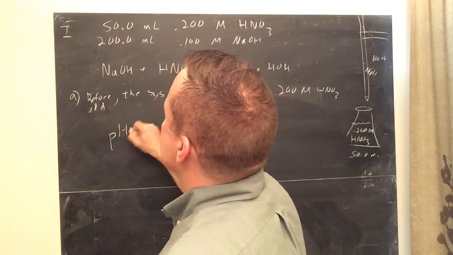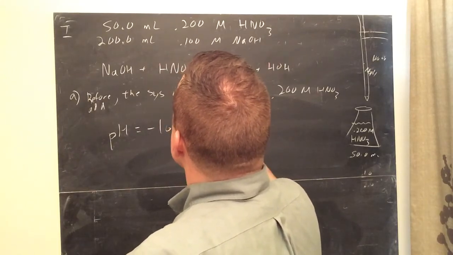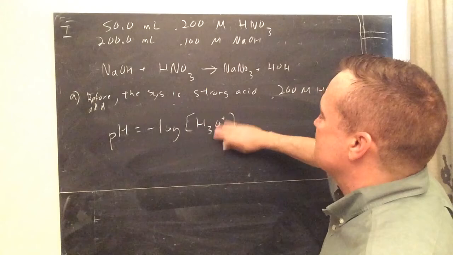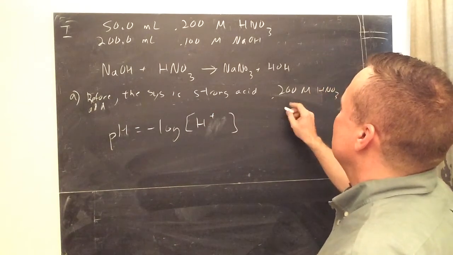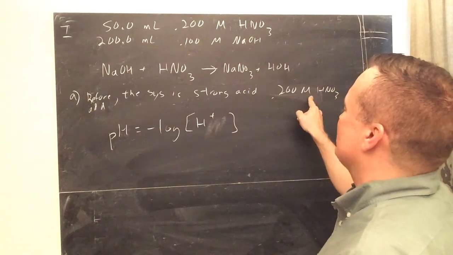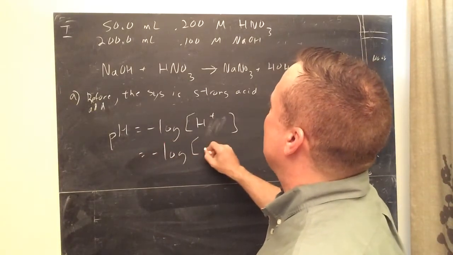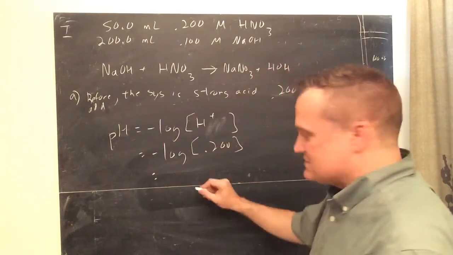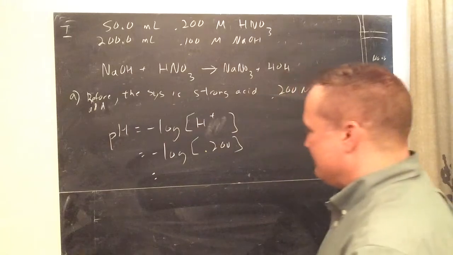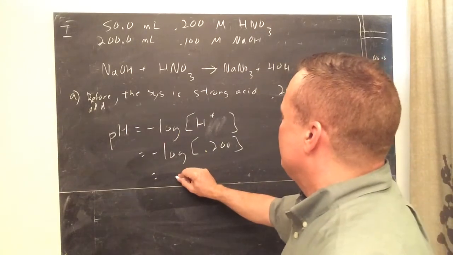So the pH will be negative log of H3O plus, or you can say H plus, if you feel better with that, which is going to be 0.200. And we know that H plus equals HNO3 because it's a strong acid. So negative log of 0.200, I did it on the paper a moment ago, I'm on my calculator, and I told you it was 0.70.